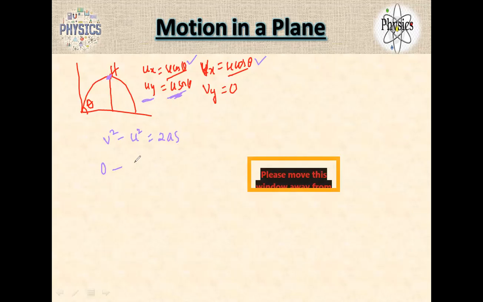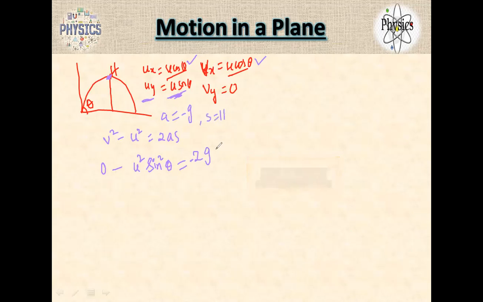So when I square it, what happens? u square sin square theta. And 2a becomes what? Minus g, right? Vertical upward direction. Minus g, and s means h, we are putting capital H. So both sides minus will cancel.